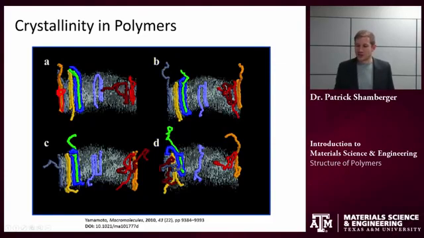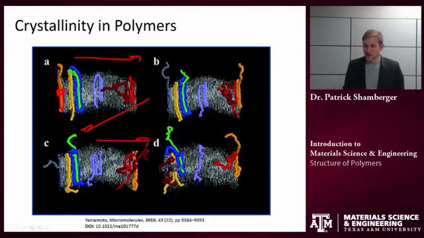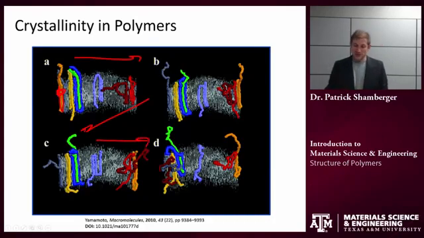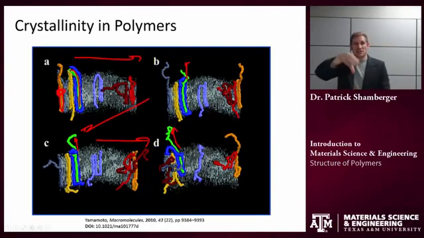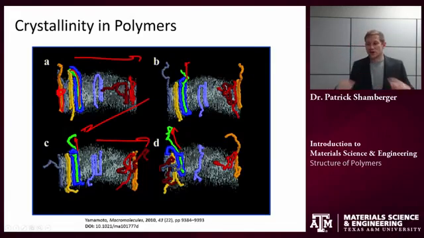These are also snapshots in time, A to B to C to D. And so you can see in this case, it's a crystalline material, but there is some motion. So look at this bright green one. It starts there, but it starts to come out. More of it is coming out, and more of it has slid out. So this emphasizes the fact that polymer chains can slide past each other relatively easily because of that weaker secondary bonding.